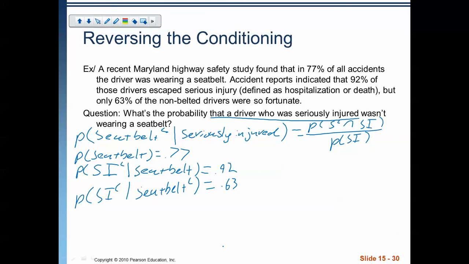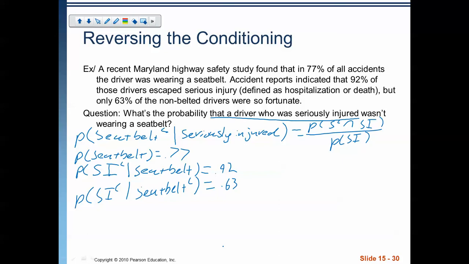Okay. Now, were we given any of the information that we needed over here to solve our problem? Are any of these things over here what I need to solve this problem? No. Well, do I have P of not wearing a seatbelt and seriously injured?